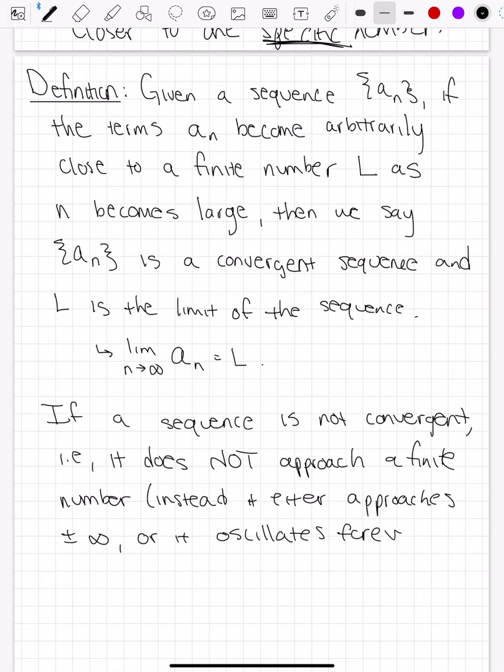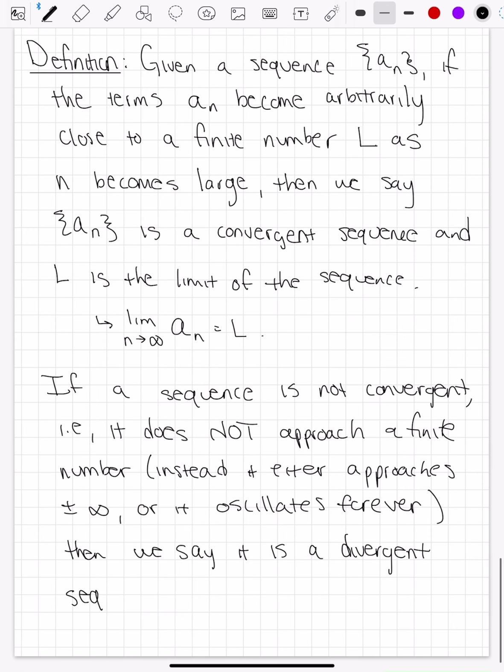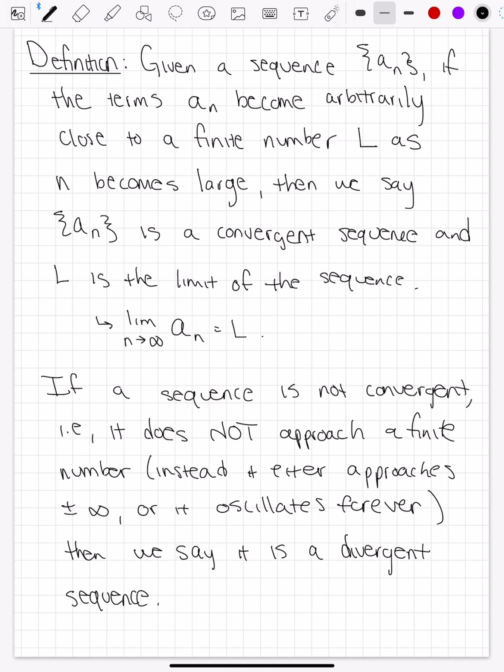Those are the two ways that you're not going to approach a specific number. Then we say it is a divergent sequence. So our new vocab words are convergent sequence and divergent sequence.